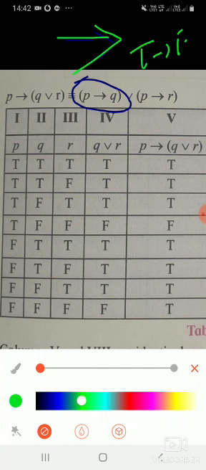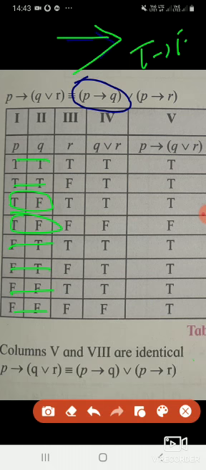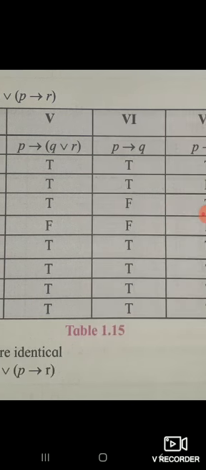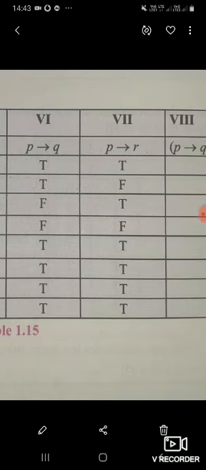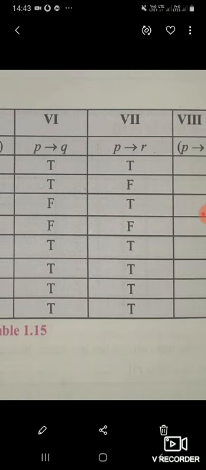So there will be two falses, correct? Now see, these two are false. In the same way P to R also we find out.